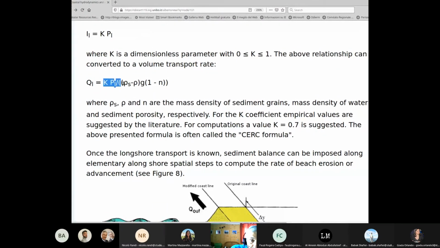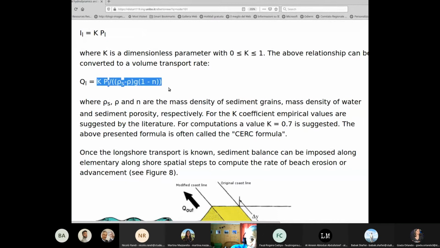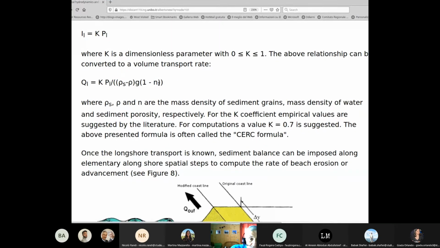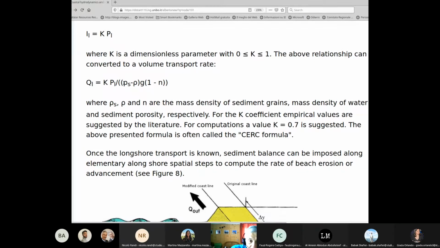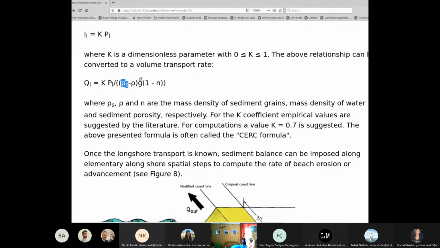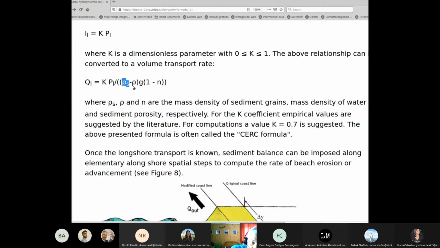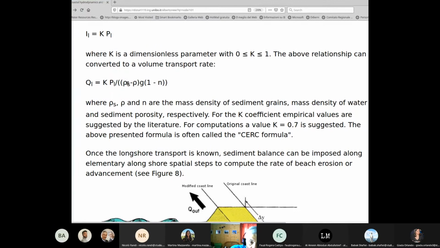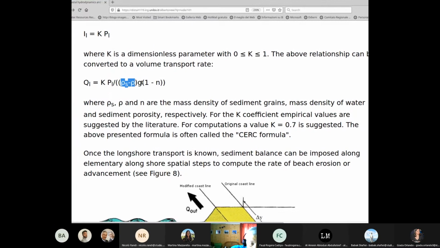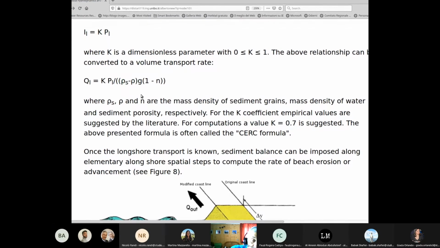This formula is a simple transformation which takes into account the mass density of sediment grains, rho S, minus, because we were talking about immersed weight, so minus rho, which is the density of seawater. So when you subtract rho from rho S, you obtain the immersed mass density.